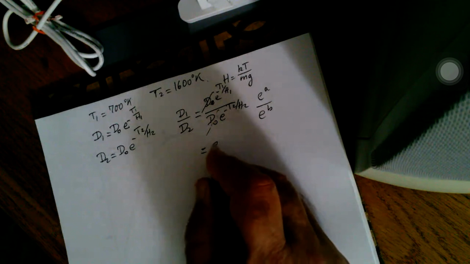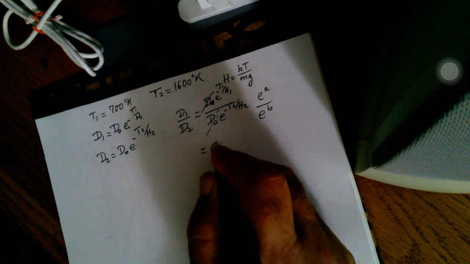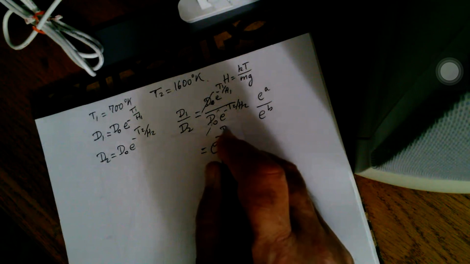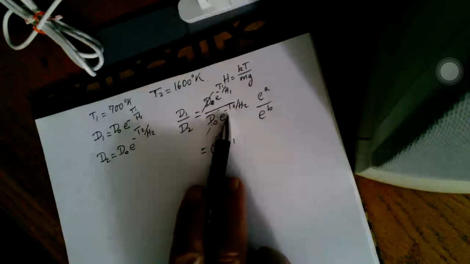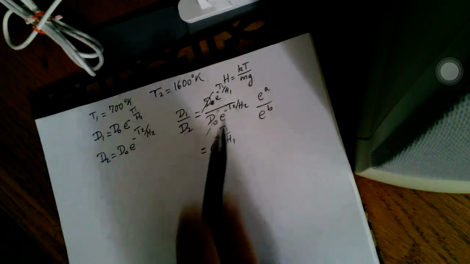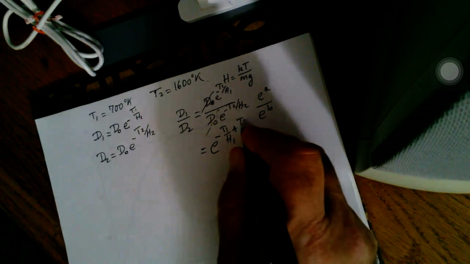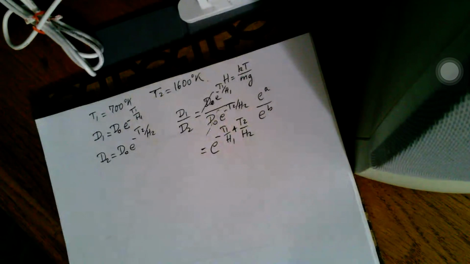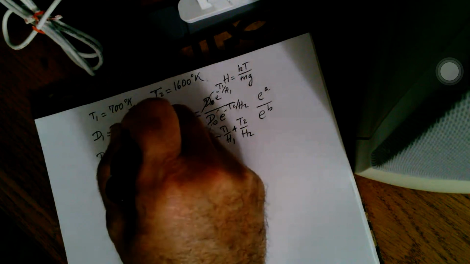So that would be, therefore, exponential of minus T1 over H1 minus the exponent here. So minus minus becomes a plus, and that becomes plus T2 over H2. And what am I saying with T? Do you remember what the expression was? This is supposed to be Z, the altitude.